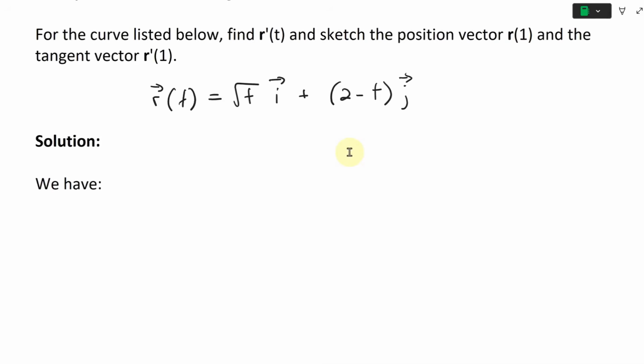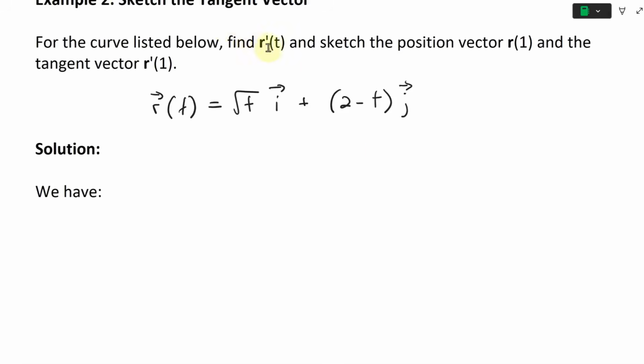So let's first get the derivative. r prime of t equals, now we take the derivative of square root t, and recall that square root t is just t to the 1/2.